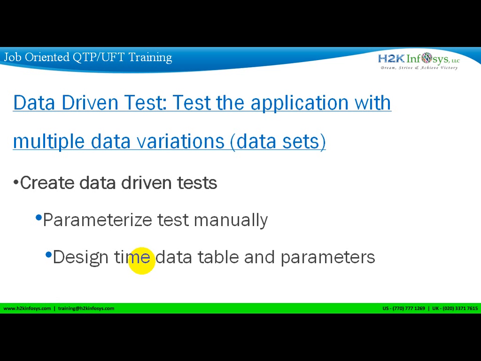What the design time data table does is read data from user input. Basically, you provide all your test data in the design time data table, and the script reads the data from it.